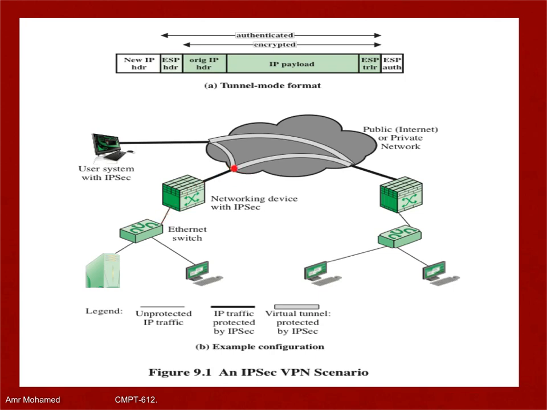But going through this tunnel, if we use this header, this means that the original IP address with the payload will be encrypted, right? And also, we add to this the ESP trailer, which includes the MAC, right? So this means that we provide confidentiality through encryption, and we provide MAC for message authentication, okay?